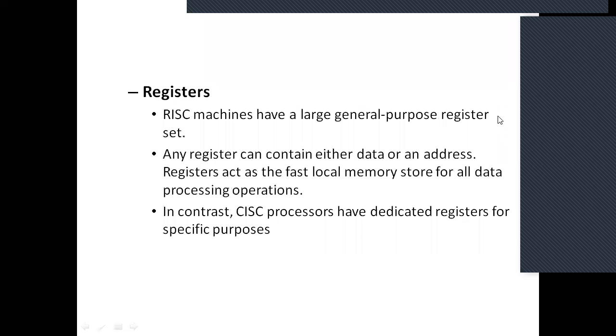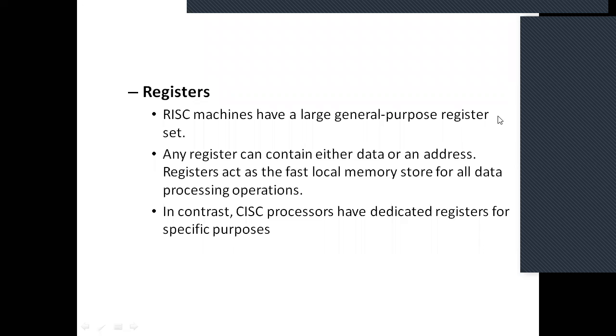Another important feature of a RISC system is that it has a large register set. RISC machines have a large number of general purpose registers. Any register can contain either data or an address. Registers act as the fast local memory store for all data processing operations. This is one of the most important features of a RISC system.